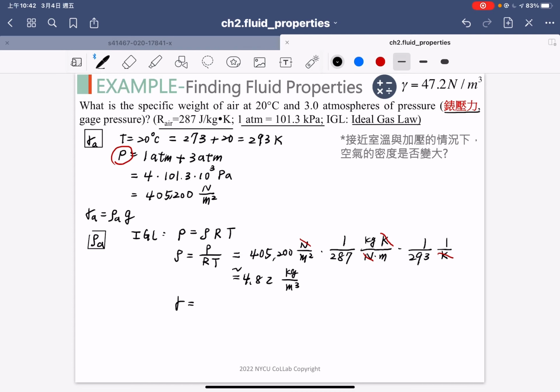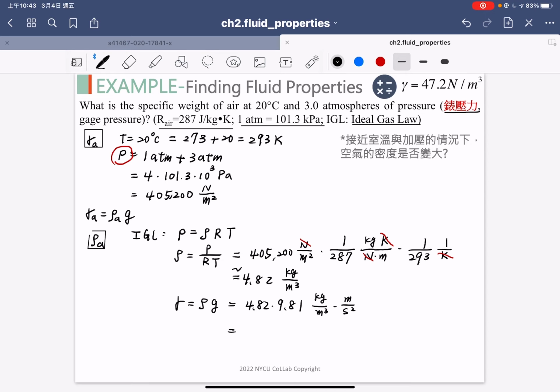So what is the gamma? The gamma is the rho g, right? So the rho g is equal to 4.82 multiplied by 0.81. Okay? And if you balance the unit, this is kg per meter cubic, multiplied by meter per second square.